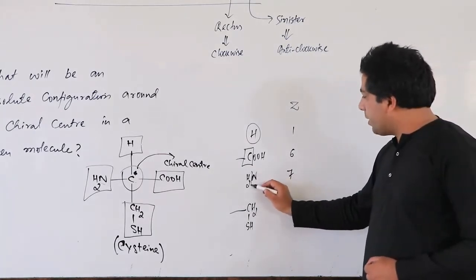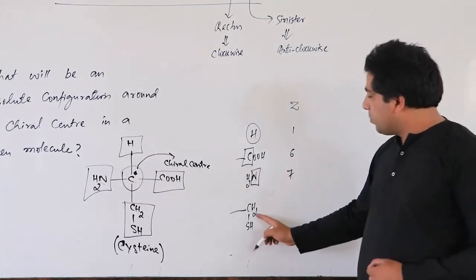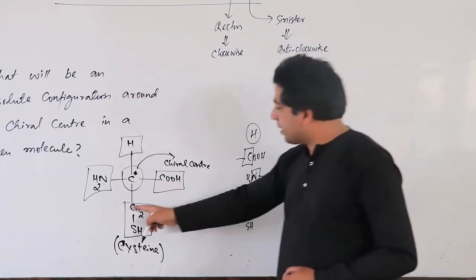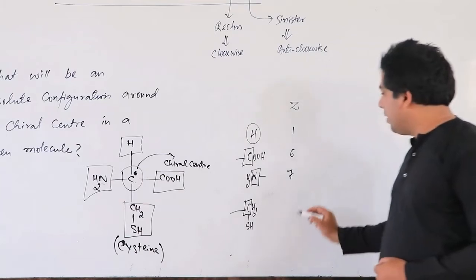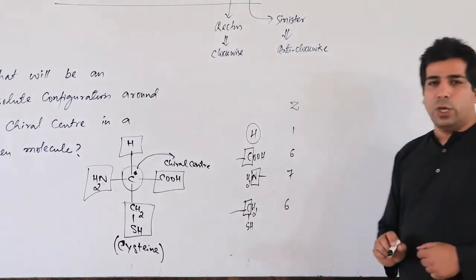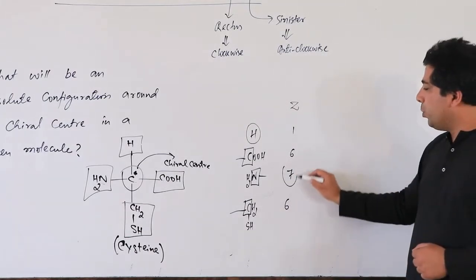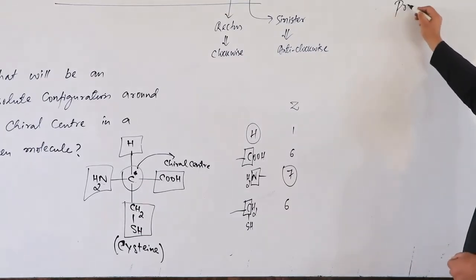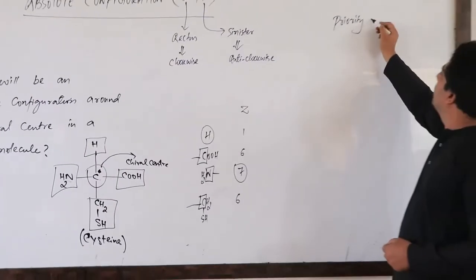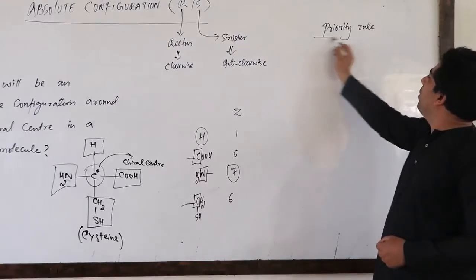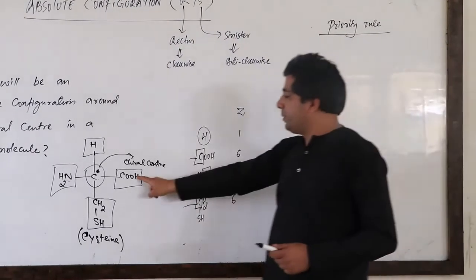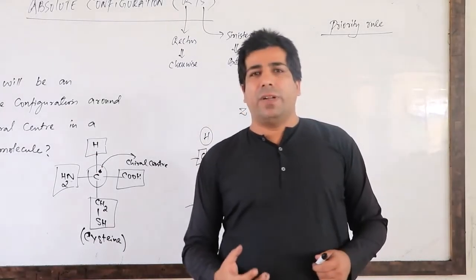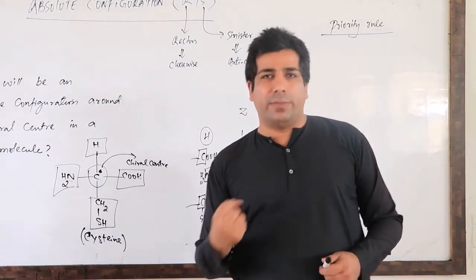And in the last one, carbon is attached to the chiral center, its atomic number is 6. As I told you last time, as far as the periodicity rule is concerned, we have to number these 4 groups from 1 to 4 on the basis of decreasing atomic numbers.